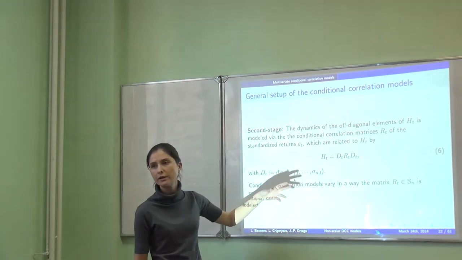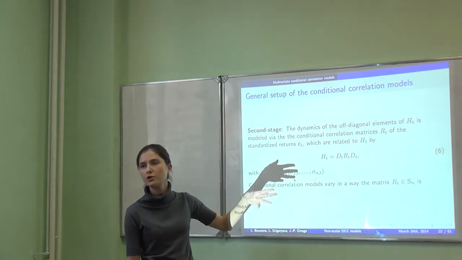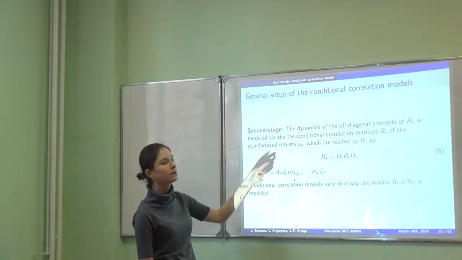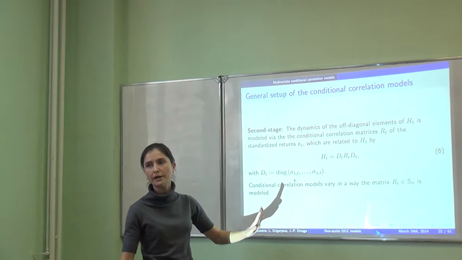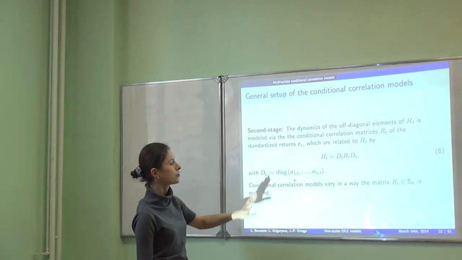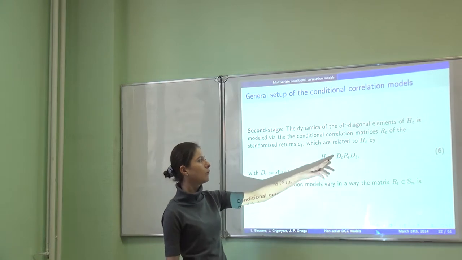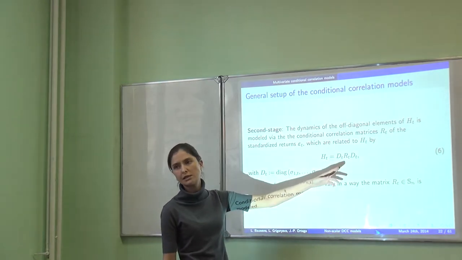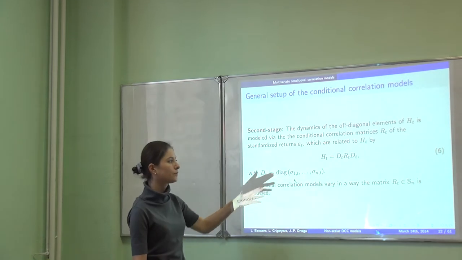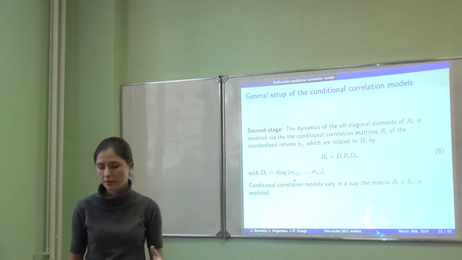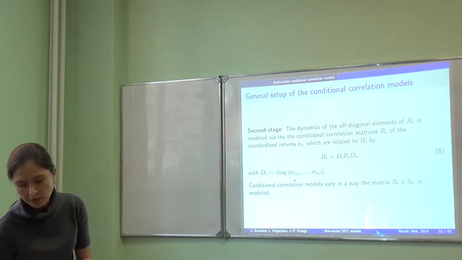Well, the sigmas we already know, because they come from the univariate GARCH models, so we already have these diagonal matrices. On the second stage, what we are interested in is the model that goes with our R_t. And this is the main thing about the dynamic correlation models.